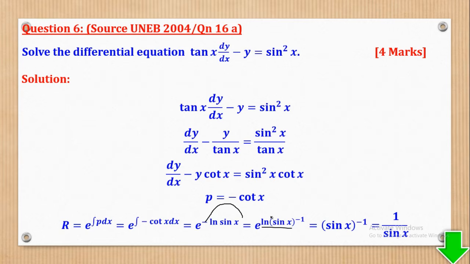Then this cancels, you remain with that. After that, you remember that from the rules of indices, this is the same as 1 over sine x. So that is our integrating factor, and that is step 1. What about step 2? Step 2 says you are going to multiply that integrating factor throughout this differential equation. So when I multiply throughout, I'll come up with that.